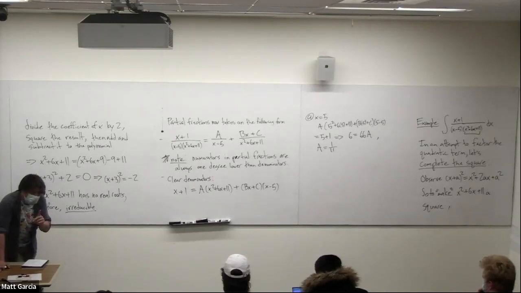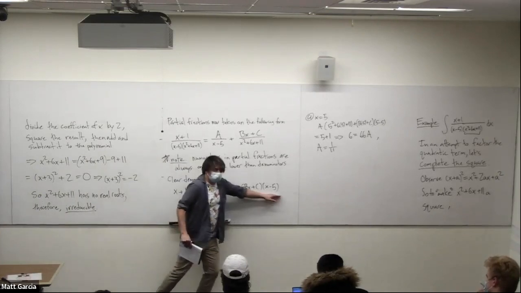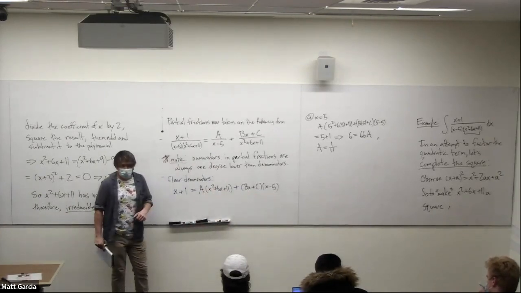We eventually will do that, but not before some manipulations. What we'll do is multiply this out, and this A will be distributed through this polynomial.